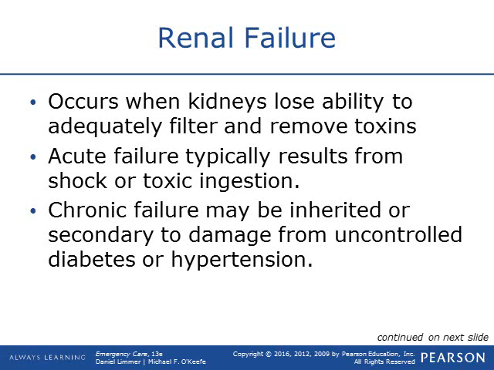Chronic failure is generally inherited or secondary damage from diabetes or hypertension. So most notably, patients who are on dialysis and receive continual renal treatment are there because of diabetes and uncontrolled hypertension.